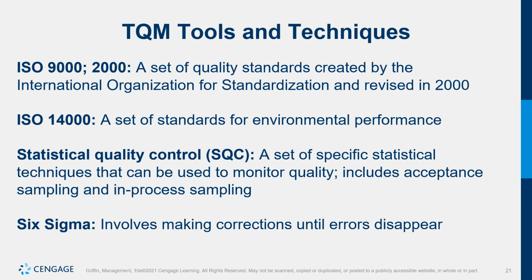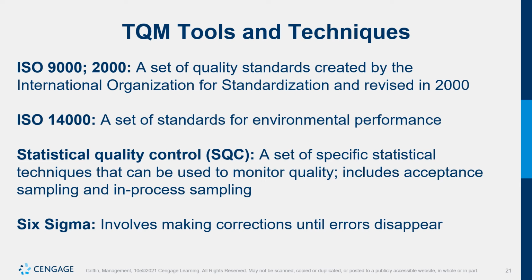ISO 9000 or 2000 and ISO 14000 are sets of quality standards created by the International Organization for Standardization. ISO 9000 2000 standard focuses on quality issues, whereas ISO 14000 focuses on environmental performance. By meeting ISO standards or by requiring its suppliers to meet the standards, a firm can improve quality.